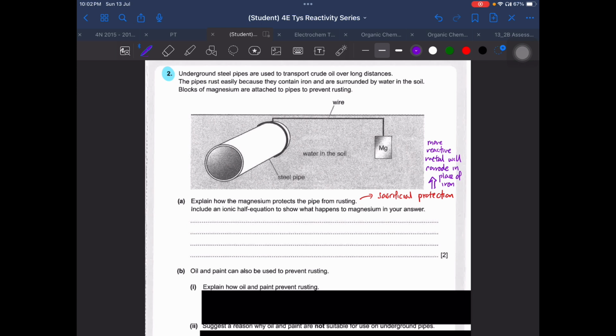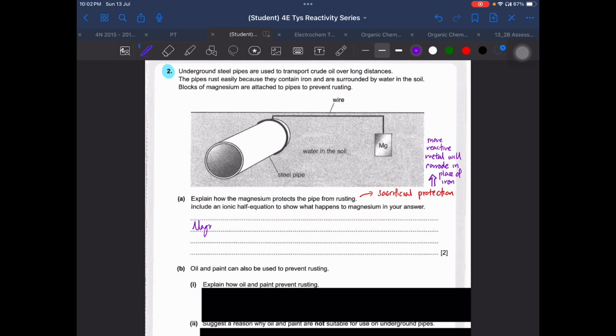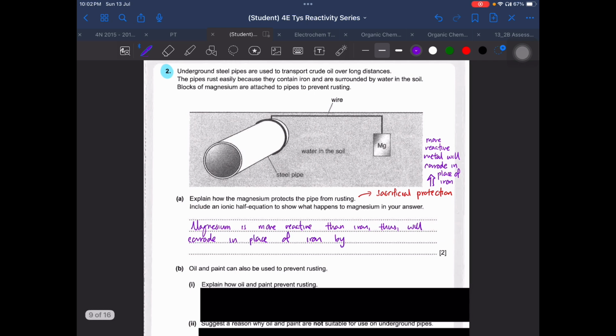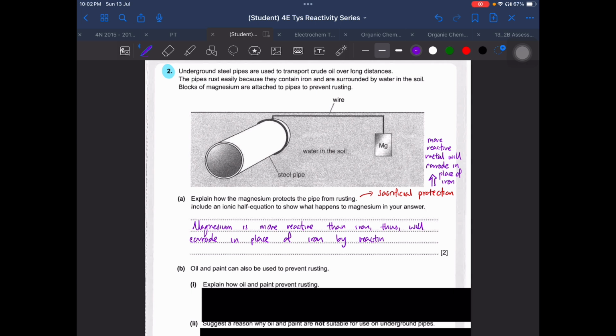So a quick explanation of this process is that magnesium is a more reactive metal than iron, and therefore it will corrode in place of iron by reacting with the air and water that's present in this whole setup.